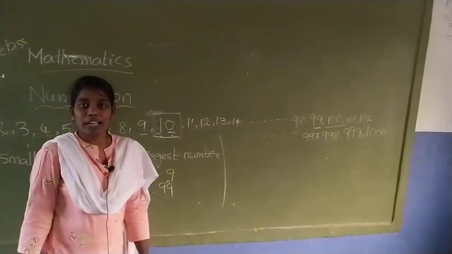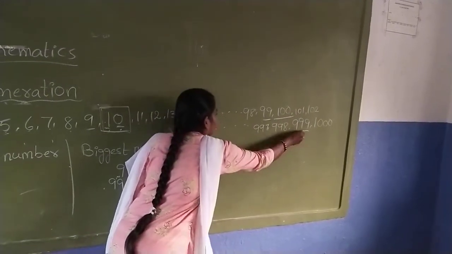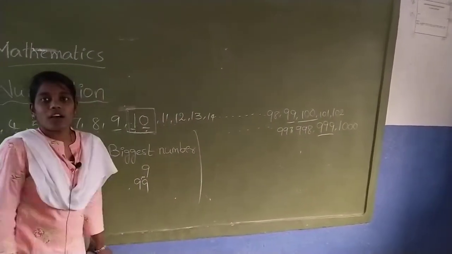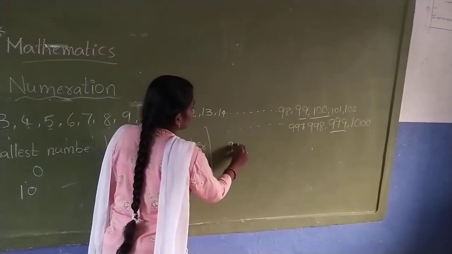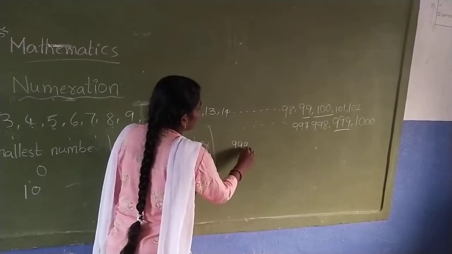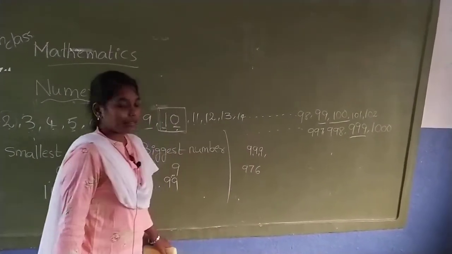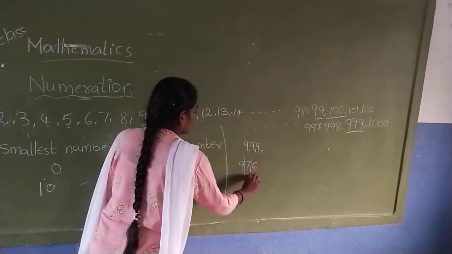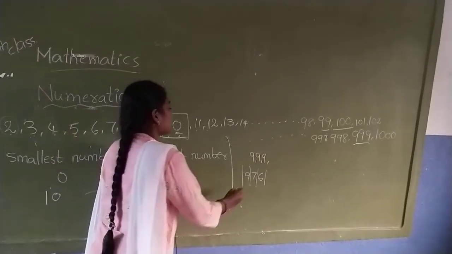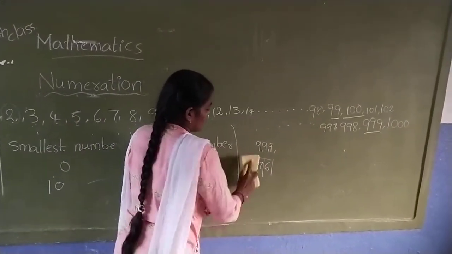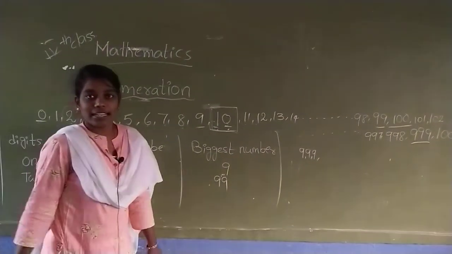From 100 to 999, these are called three-digit numbers because each number has three digits. For example, 976. This number has three digits. One is 9, one is 7 and one is 6. So this is called a three-digit number.